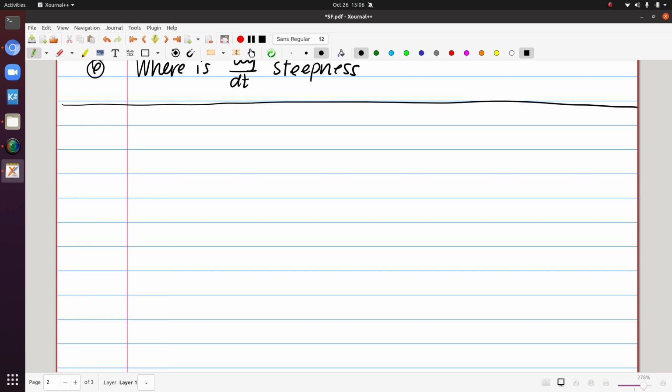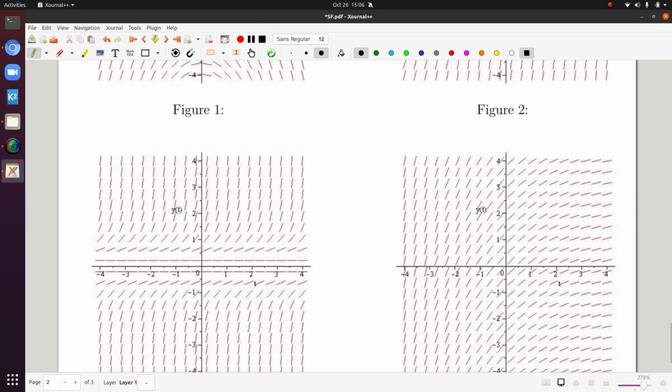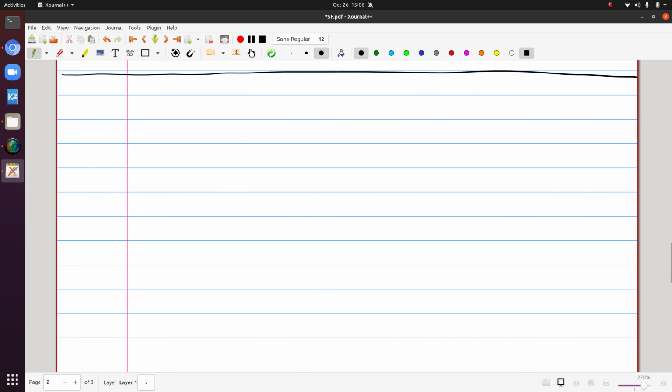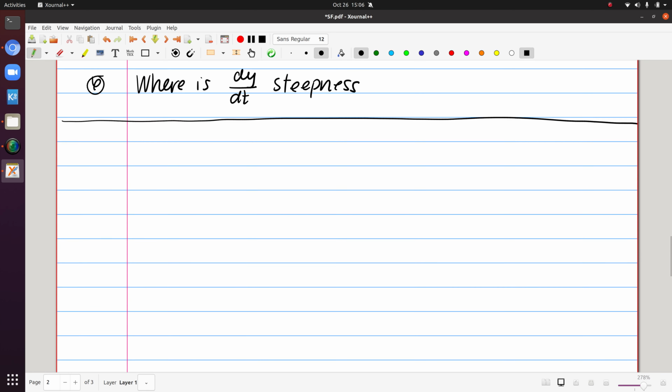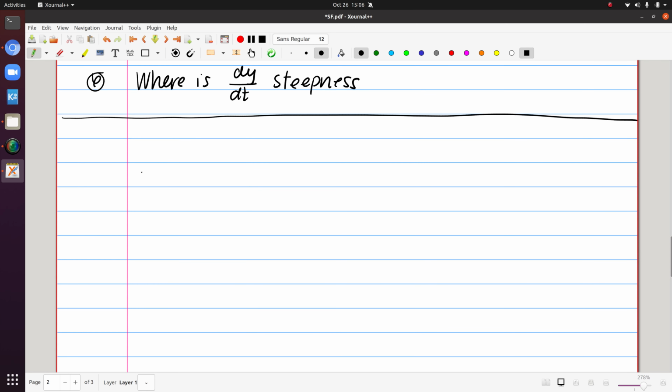And what I'd like to do is, let's see if I can put those on here. Let me write here the 4 different differential equations. So dy dt is equal to y squared.